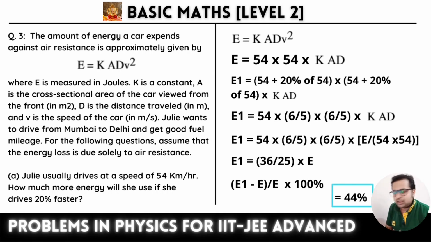So this is E. Now if the speed is 20% faster, that means 54 plus 20% of 54. I hope it is clear.